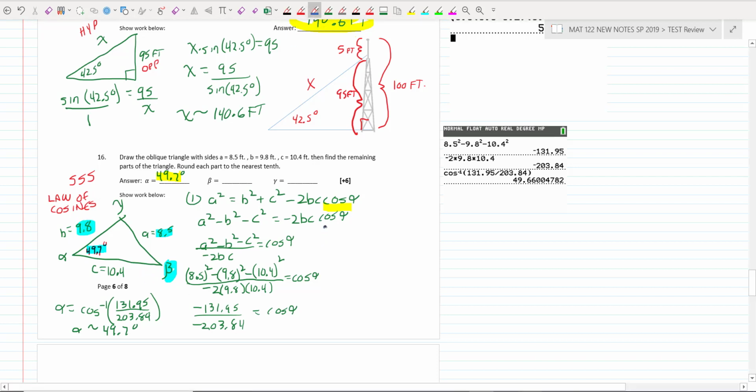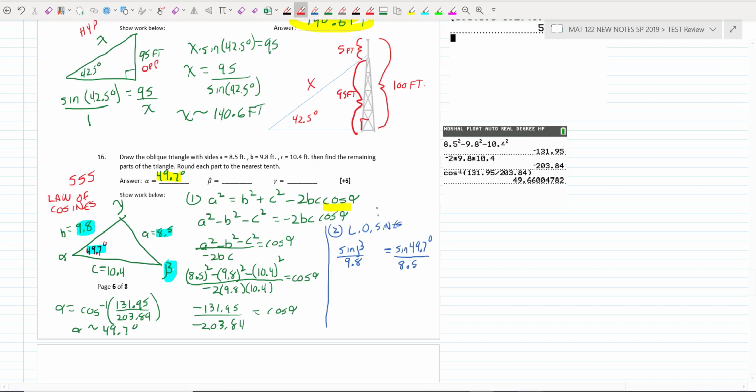So in step 2, I just do the law of sines. The proportion would go like this: sine beta over the side opposite is equal to, on this side, the sine of 49.7, the angle I just found, divided by its opposite side, like that.